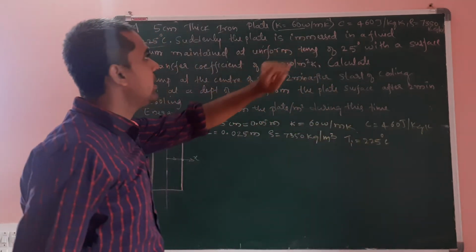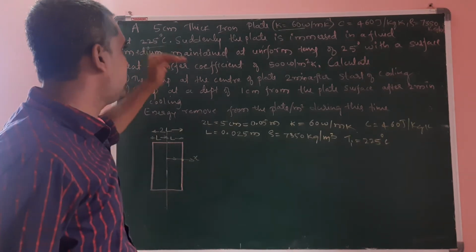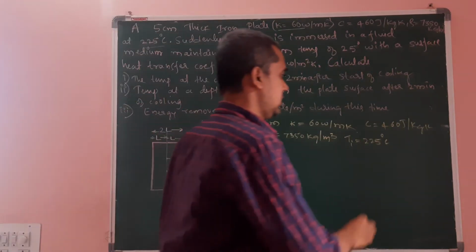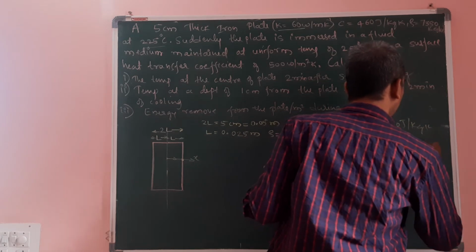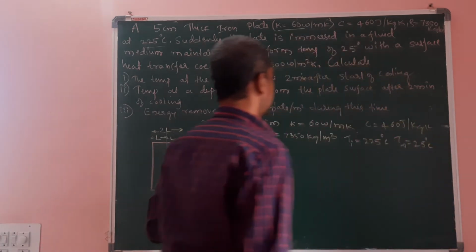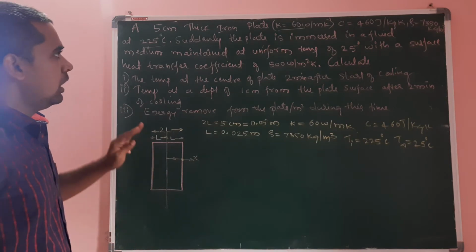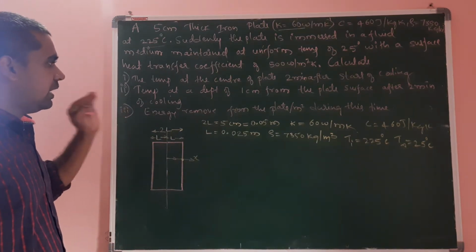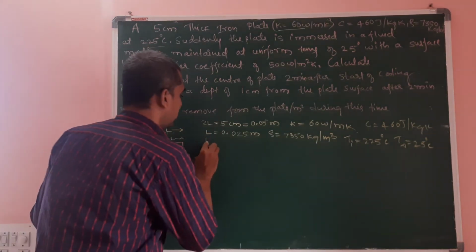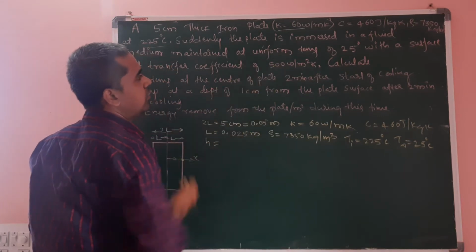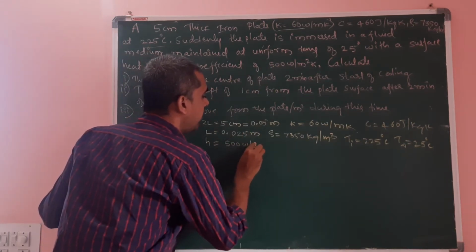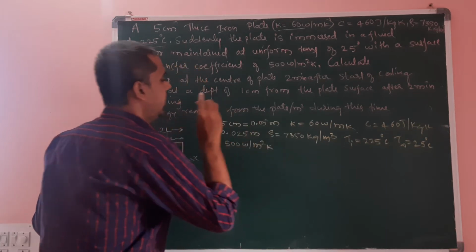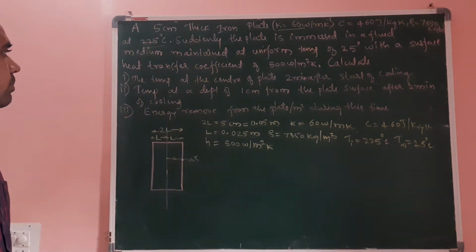It is suddenly immersed in a fluid whose temperature is maintained at 25 degrees Celsius, so the temperature of the environment T infinity is equal to 25 degrees Celsius. The heat transfer coefficient H is equal to 500 watt per meter square Kelvin.